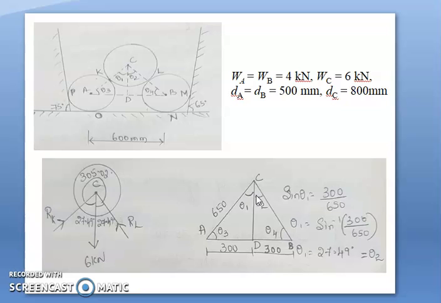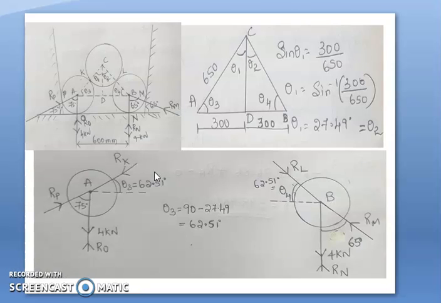Again, if you calculate theta 2, we'll get the same angle. So now theta 1, theta 2 I represented in this particular free body diagram. The remaining angle will be 360 minus 27.49 minus 27.49, it works out to 305.02 degrees. Okay, the free body diagram of sphere number C is completed, where I can apply Lami's theorem.